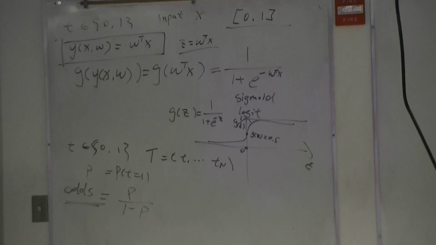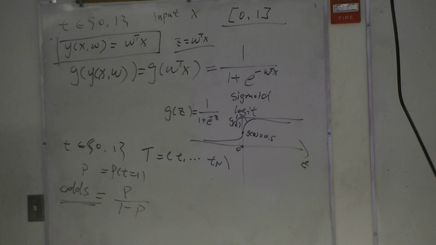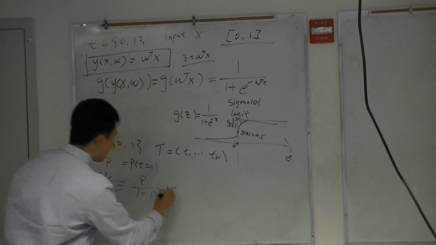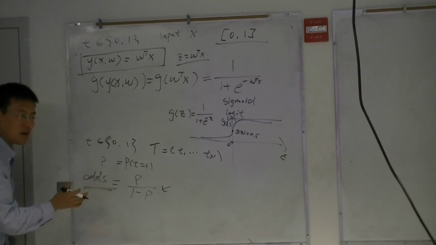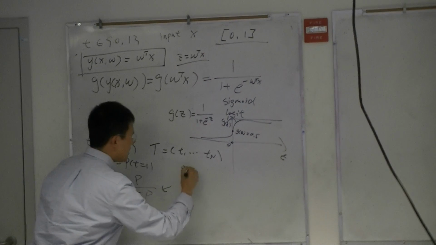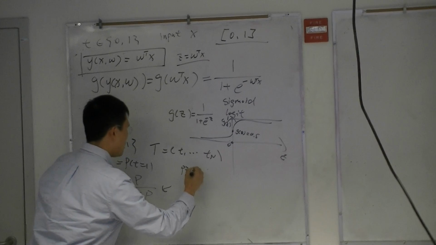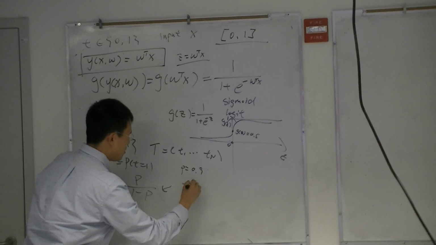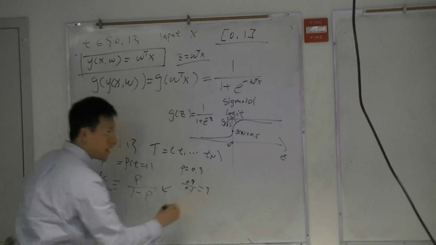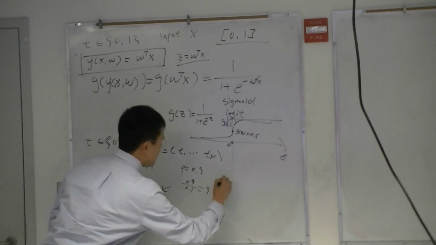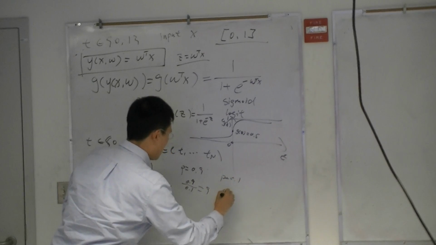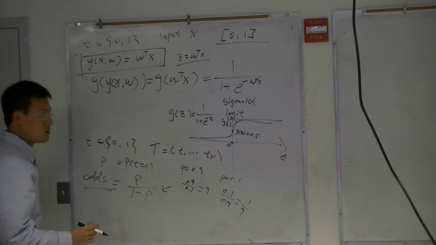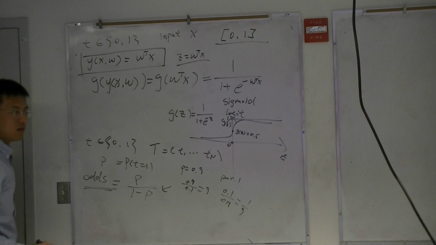And the property of odds is that it is not symmetric. So for example, if P equal to 0.9, then 0.9 over 0.1 is equal to 9. If P equal to 0.1, then it's 0.1 over 0.9, which is 1 over 9. So it's not symmetric in this case.